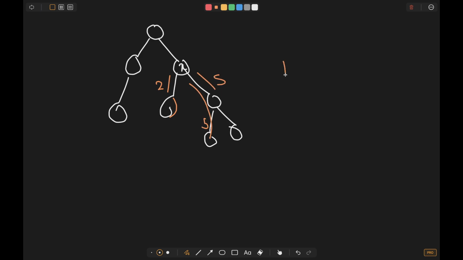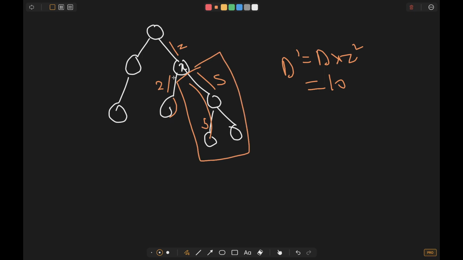Okay, and since D dash, which was D multiplied by Z square, and Z is this value, if this was 10, then we know that we can form 2 pairs, once by using this vertex and once by using this vertex along with this vertex, right? So that is how we have to do this counting.